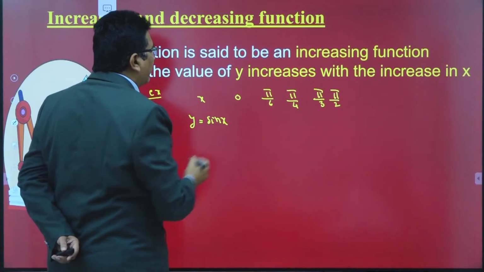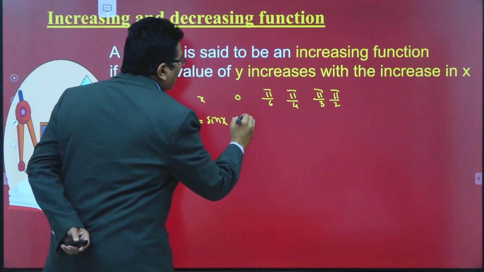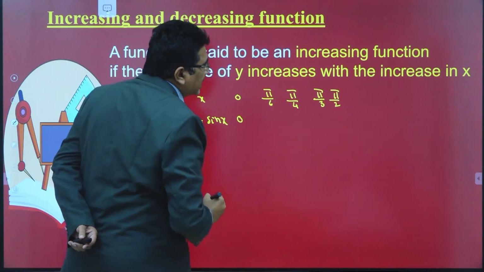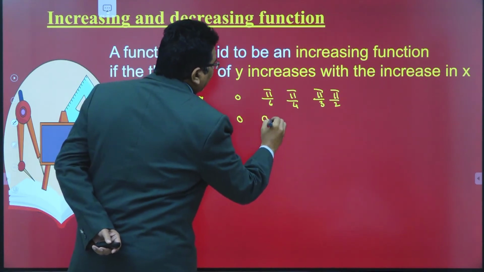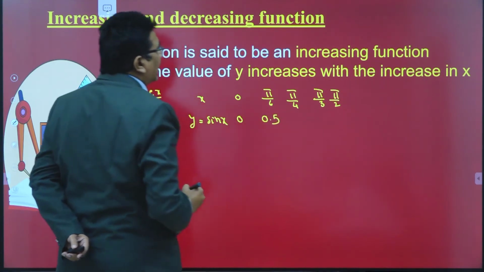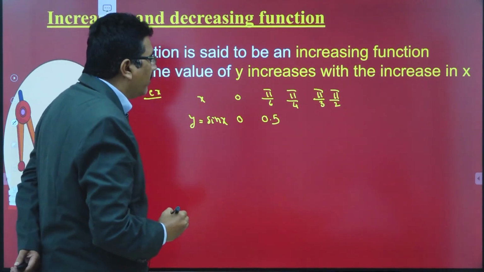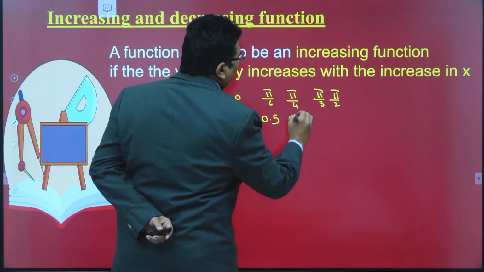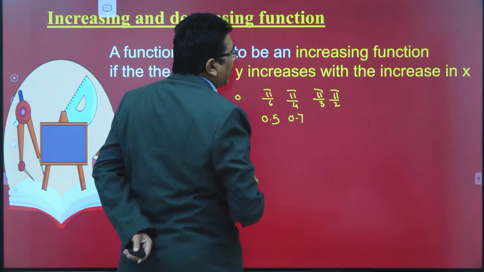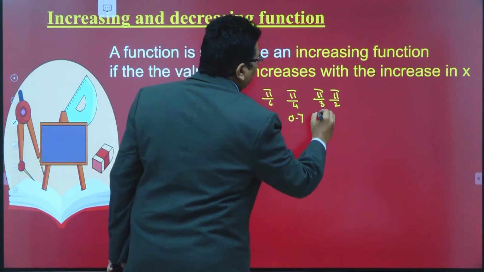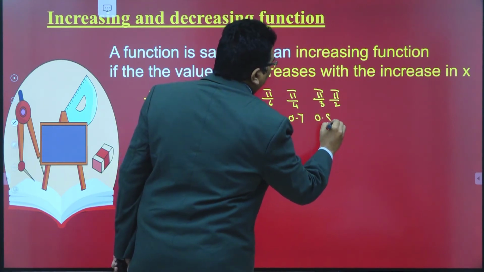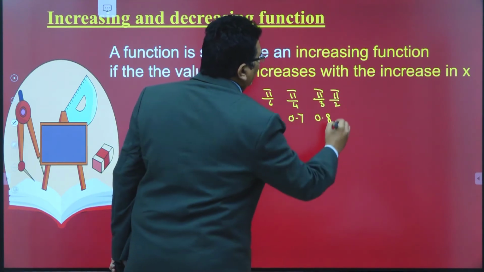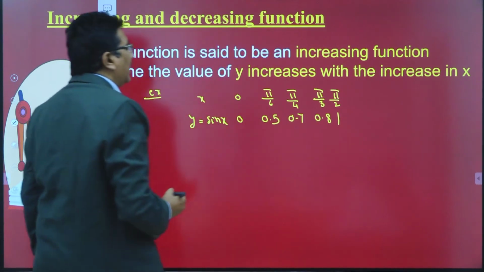The values of y are sin 0, 0, sin pi by 6, 1 by 2, that is 0.5, sin pi by 4, 1 by root 2, that is equal to 0.7, sin pi by 3, root 3 by 2, that is equal to 0.8, sin pi by 2 is equal to 1, right?